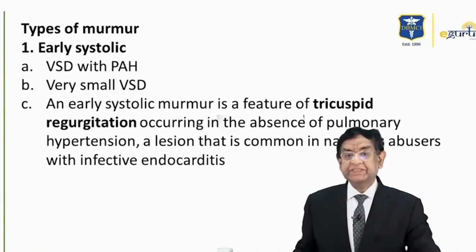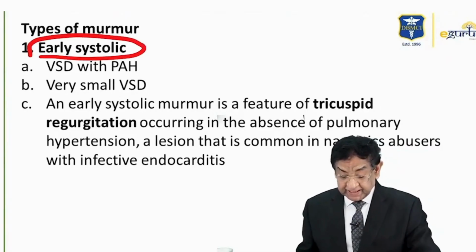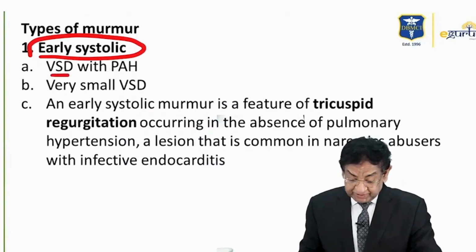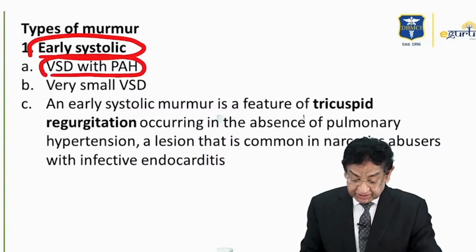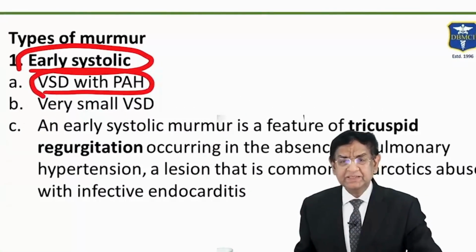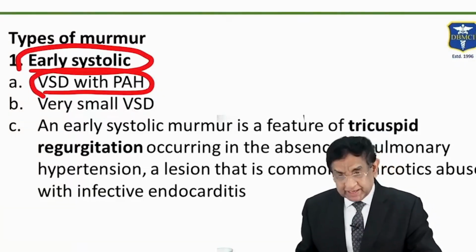So now various types of murmur are there. Early systolic, the one which is really not known to 99%, believe me. VSD with PAH, unbelievable. VSD, sir, we get a pan-systolic murmur. Yes, you get.